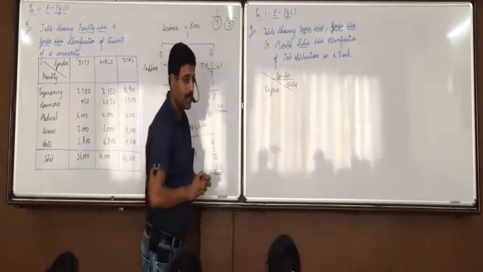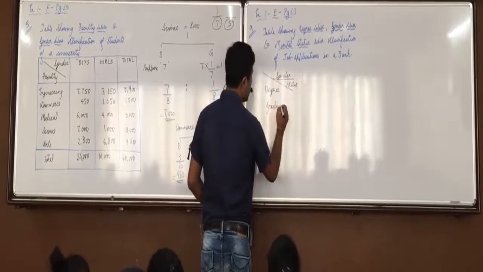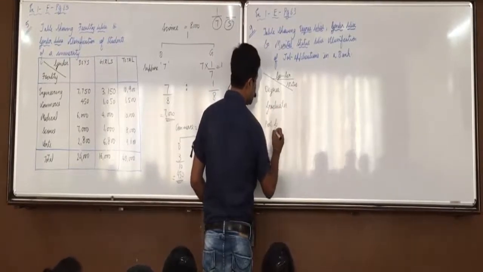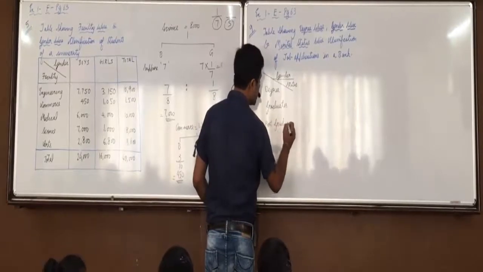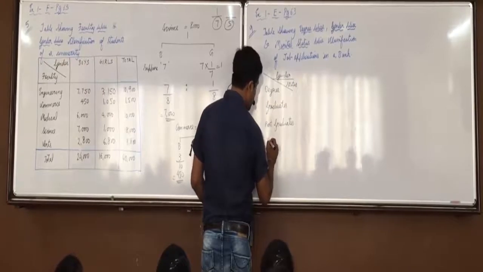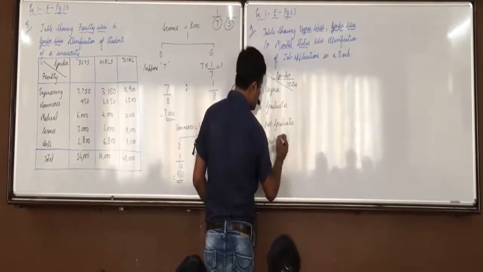Okay, 3 attributes. Degree: graduates, postgraduates, professionals, total.